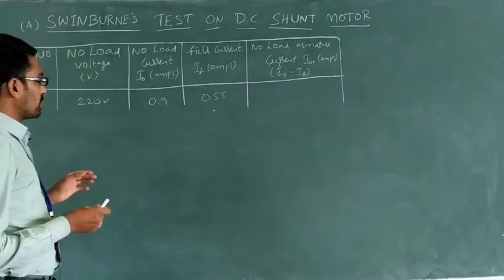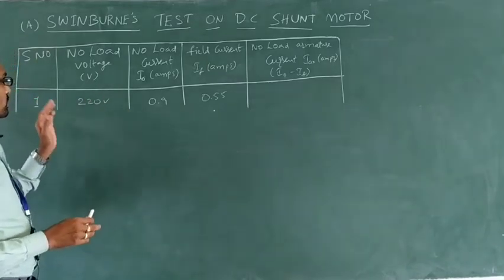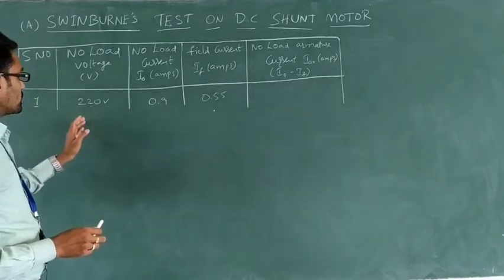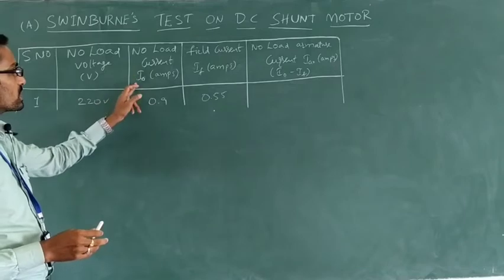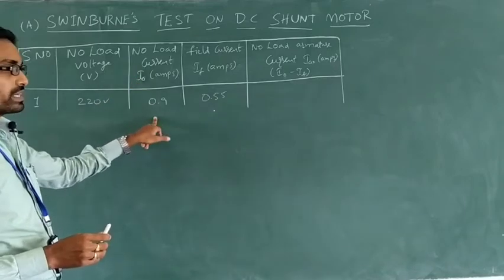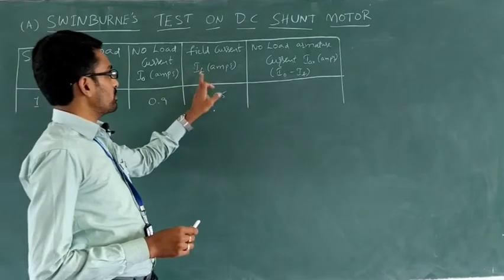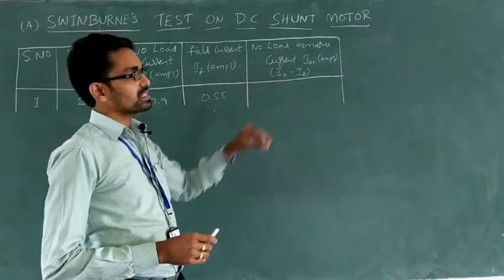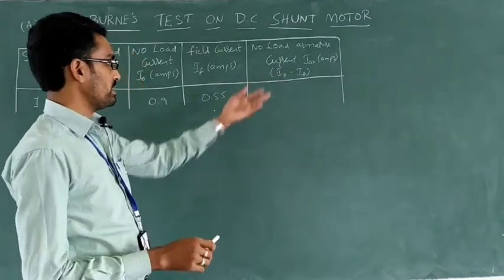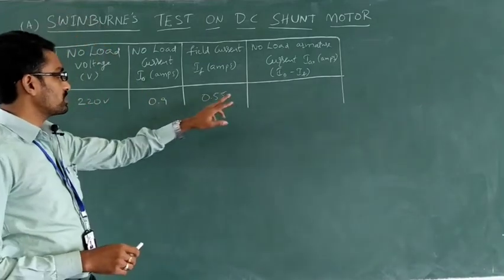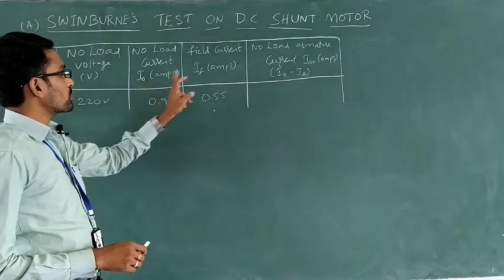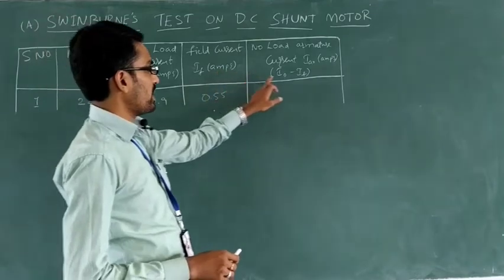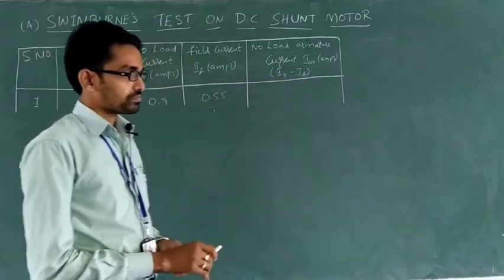So here we are going to have the tabular column. In this tabular column we have the no load voltage, that is 220 volts, the no load current I0, that is 0.9 amps, the field current IF, that is 0.55, and the no load armature current IA0. That IA0 we get by subtracting the field current from the no load current, I0 minus IF.